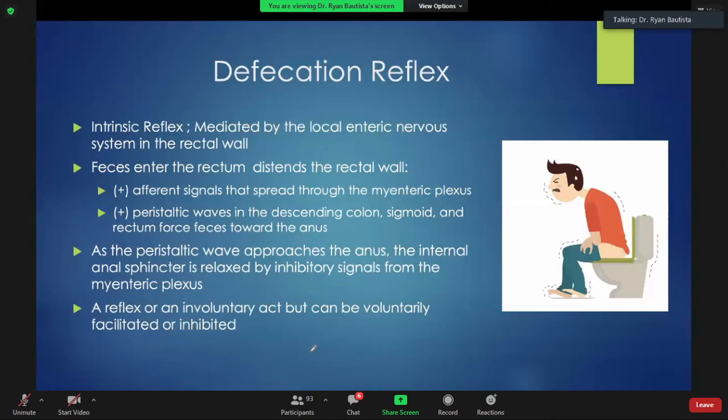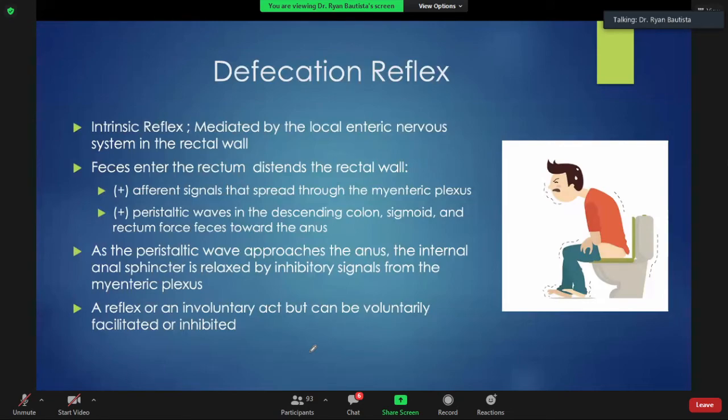We have what we call your defecation reflex, an intrinsic reflex mediated by your local enteric nervous system in the rectal wall. Feces enter the rectum and distend it. You will have afferent signals going to the myenteric plexus locally, and it will produce peristaltic waves in the descending colon, sigmoid, and rectum, which force the feces out of your anus.